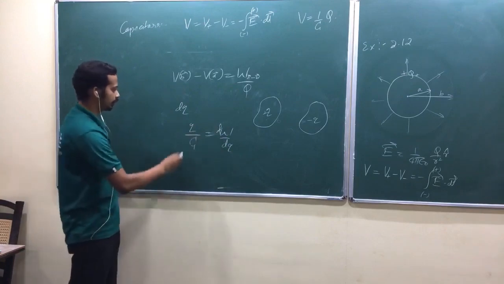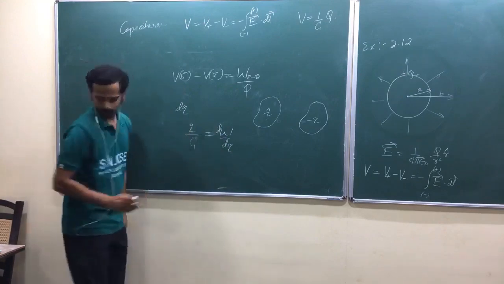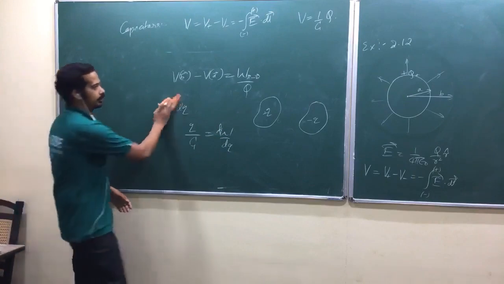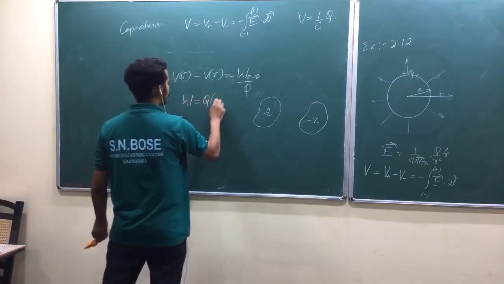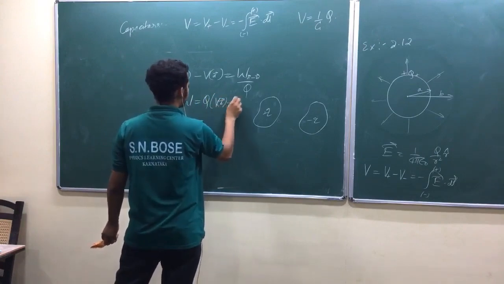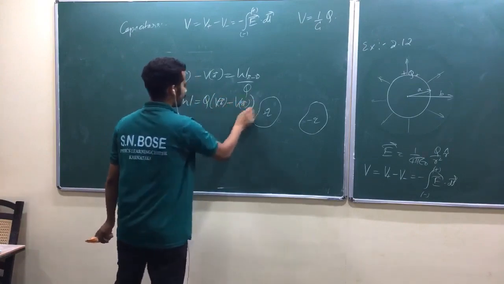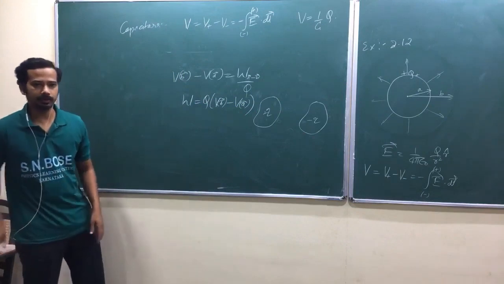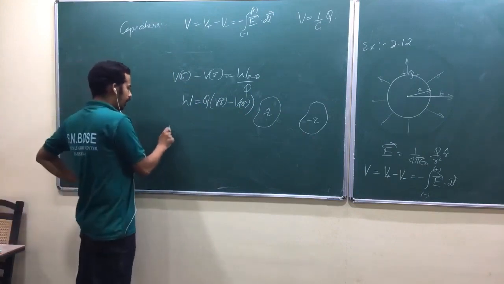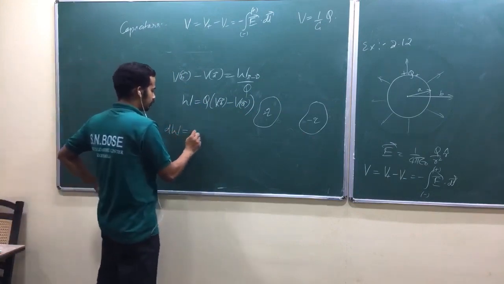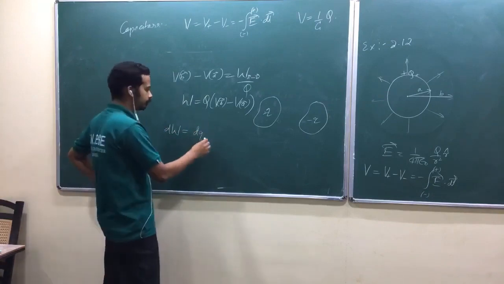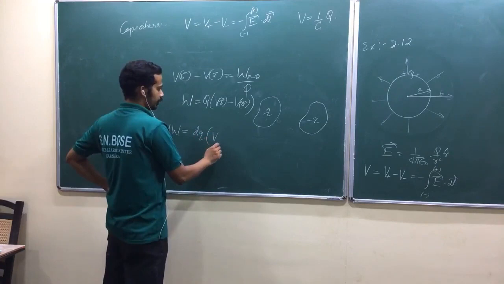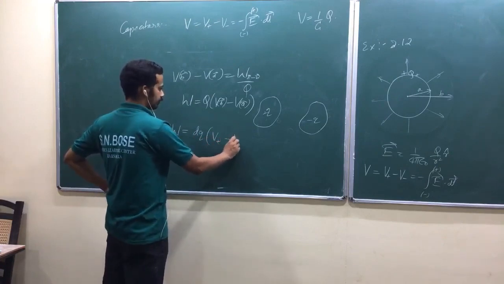Okay. So that's why, or I better write like this: W is equal to Q into VB minus VA. Now, small amount of work done is equal to small amount of charge transferred from positive plate to negative plate, times V plus minus V minus.